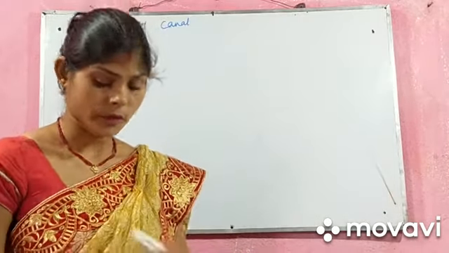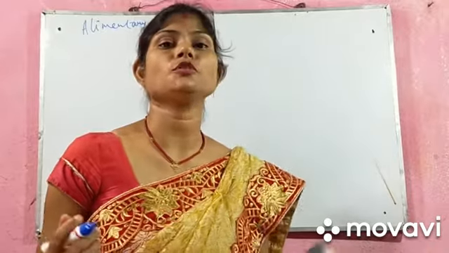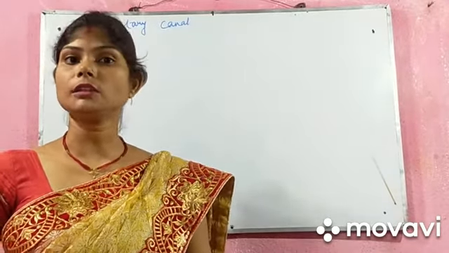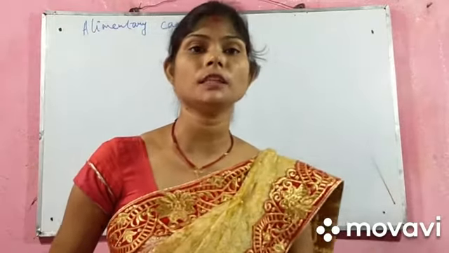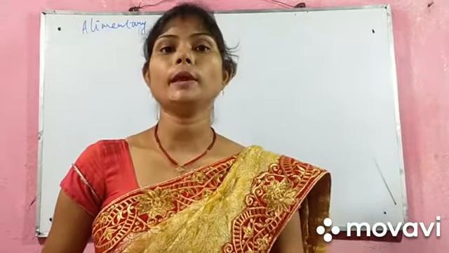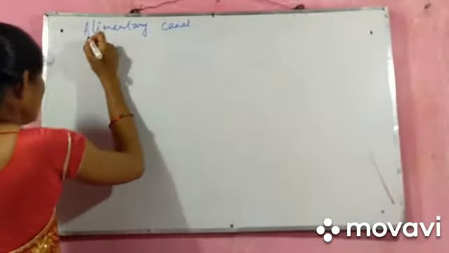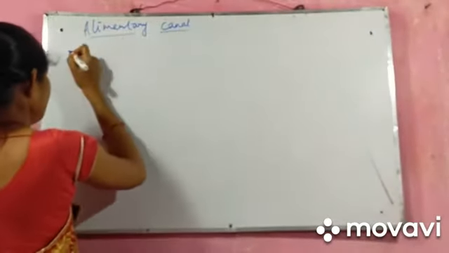How? Whenever we eat lots and lots of fat products, our alimentary canal is unable to digest the product. So when it is unable to digest the product, a condition arises.